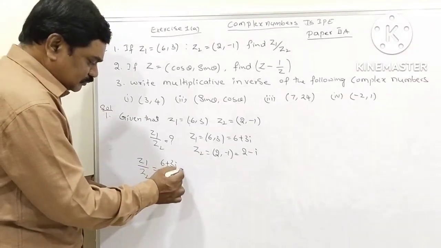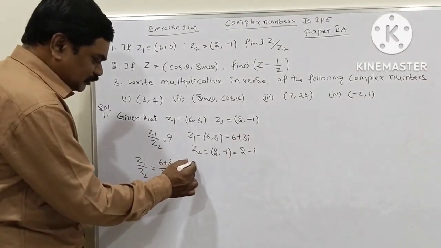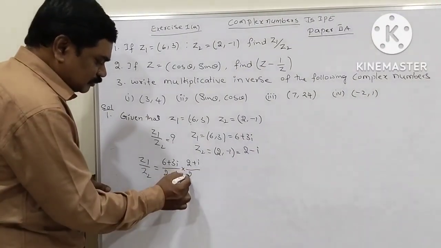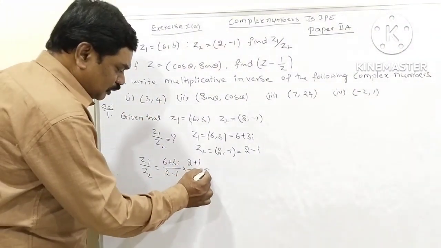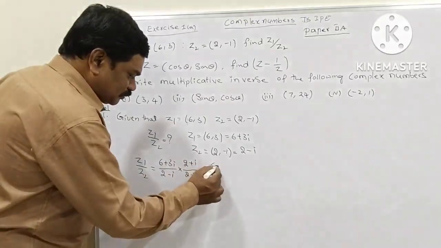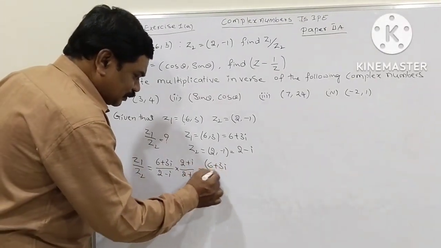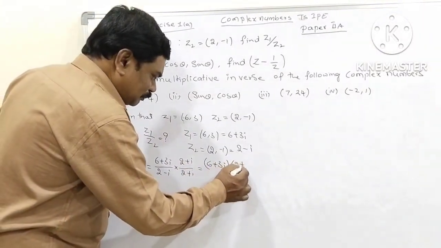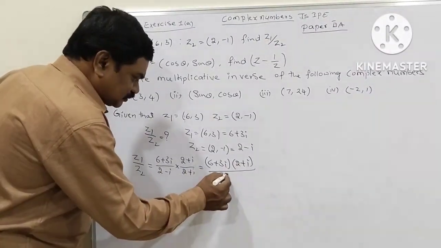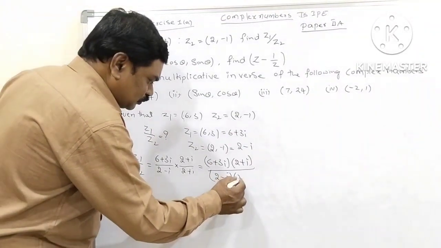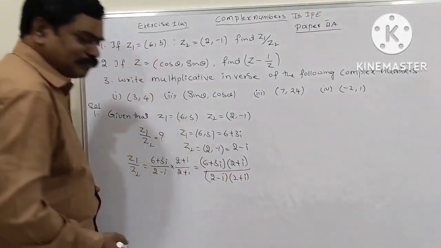So this one you can multiply with 2 plus i and divide with 2 plus i. So what we will have? 6 plus 3i into 2 plus i by 2 minus i into 2 plus i.